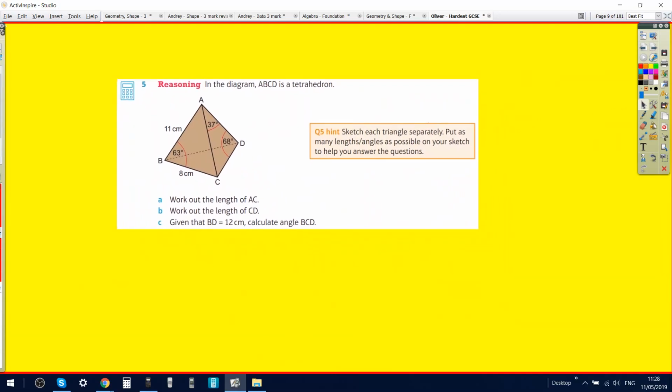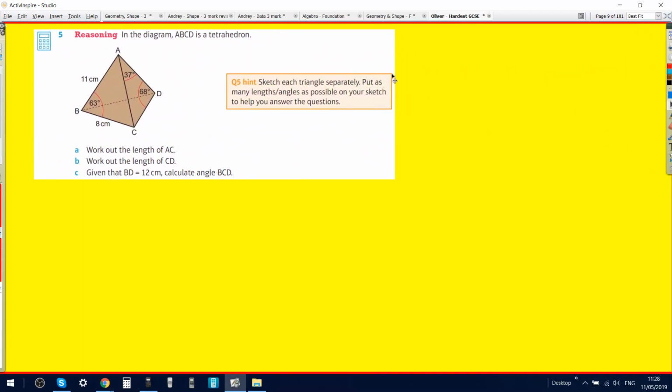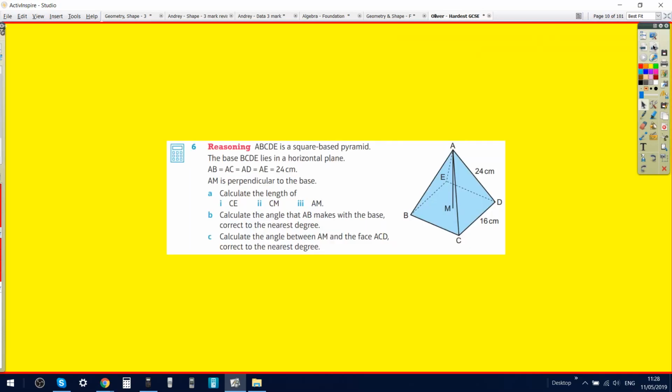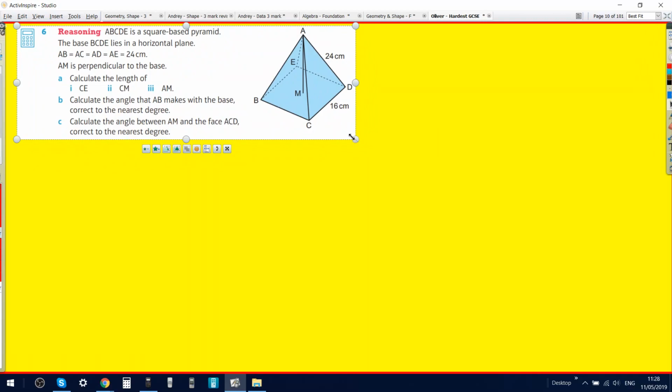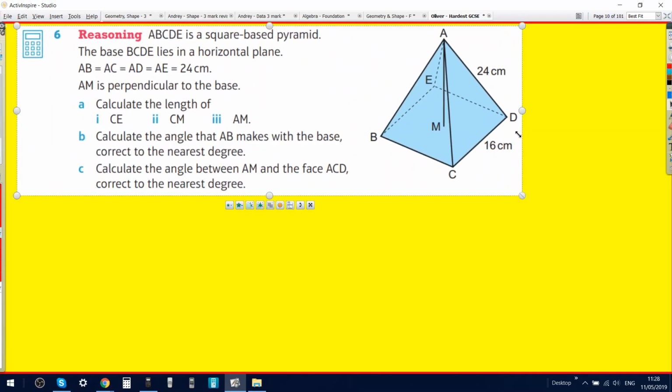Yeah, that's all it is. The length of A to C. I'm going to leave that one. So this one is the same idea. Calculate the angle that A to B makes with the base.